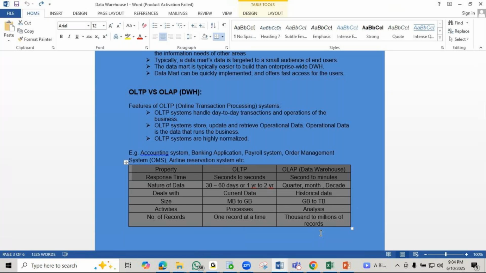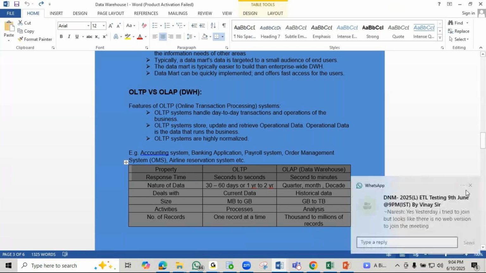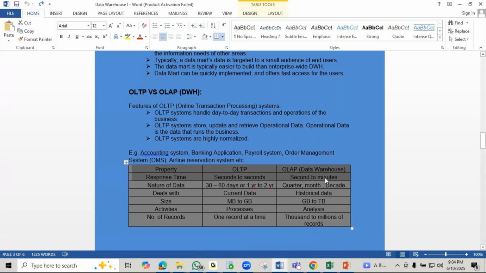But if the number of rooms was lesser, he responded faster, and if the number of rooms is higher, he took a longer time to search. Correct. In the same manner here also, if the data volume is lesser, it will respond faster. If the data storage is higher, it will take a longer time to respond.